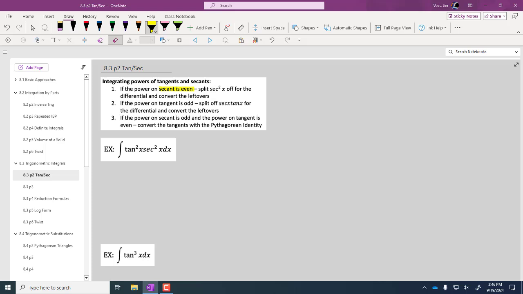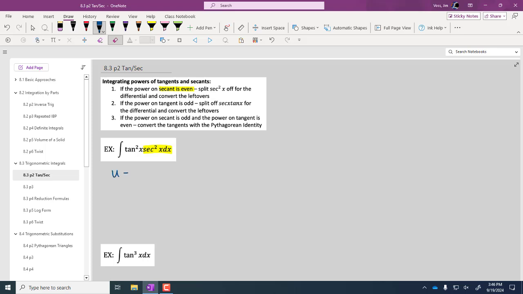Okay, so if secant is to an even power, split off secant squared, and if there are leftovers, convert them. Well, okay, this one we don't even have to pull off anything. We can just think conceptually about grouping secant squared with the differential and letting u be tangent. There's no leftovers to turn, so this one is as simple as it gets.